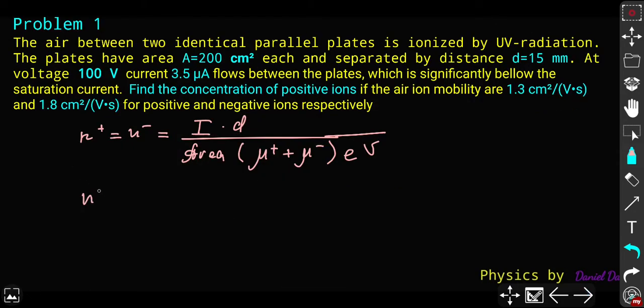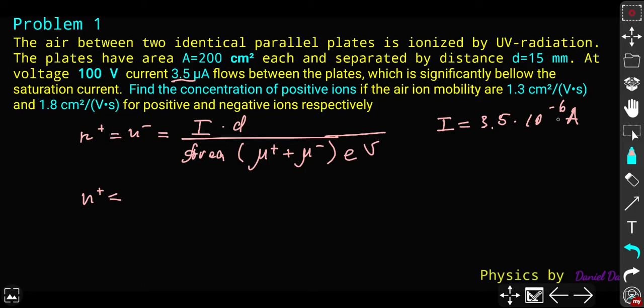All right, so now let's just plug in the numbers. Current is 3.5 times 10 to the negative 6 amps, so microamps.